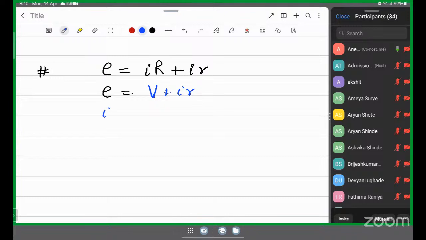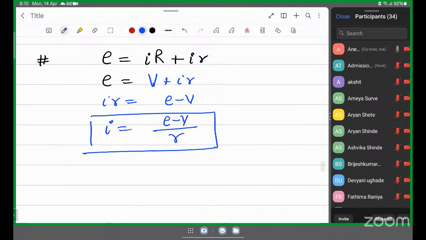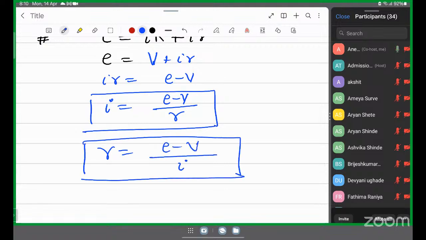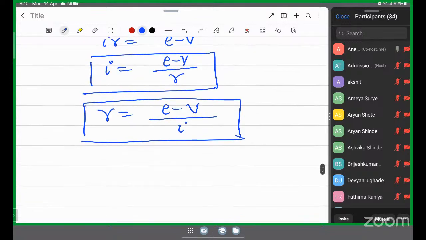So I into r can also be given as E minus V. Current I will be E minus V by r. And vice versa, r will be E minus V by I. This is the formula for internal resistance. Understood? Understood or any doubt?